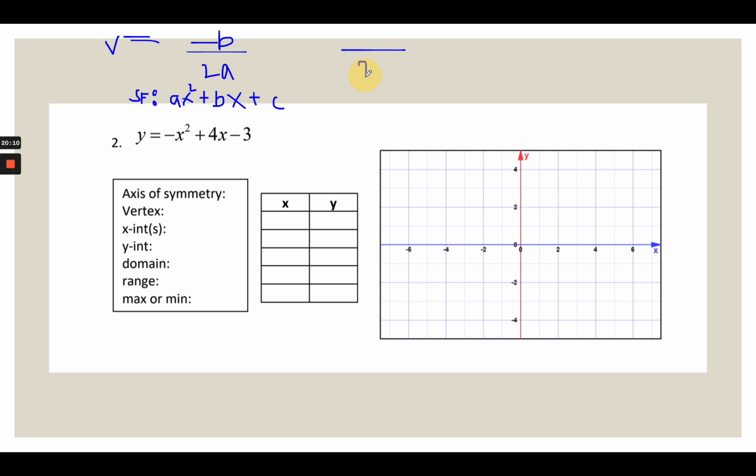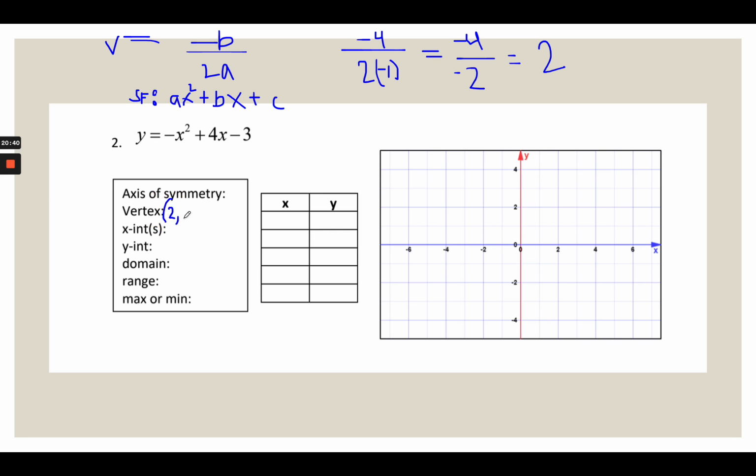So we're going to have 2 times -1 on the bottom. And then what is b? Well, what's in front of my x? It's 4. So we have -4 over 2 times -1 when we substitute in b and a over here. So I get -4. 2 times -1 is -2. -4 divided by -2 is 2. So my x value of my vertex is 2.